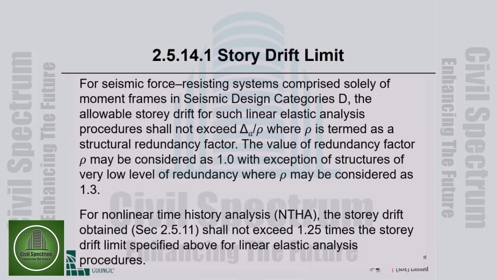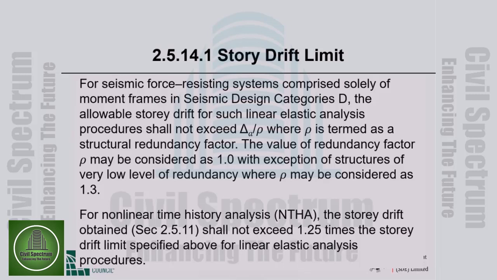And when we do design load combinations, when we combine seismic load effects with the effects of gravity, the effect of horizontal earthquake forces, E sub H, is amplified by rho. So when rho is 1.3, we are increasing the horizontal earthquake effect by 30%, which is very, very substantial.